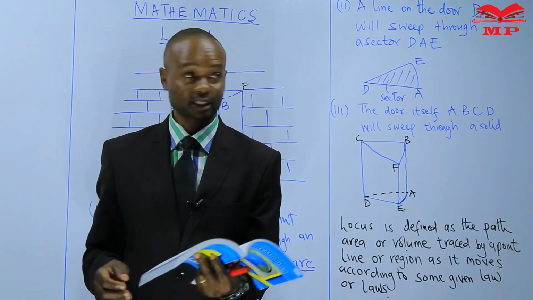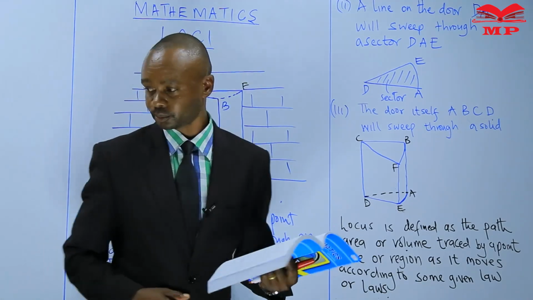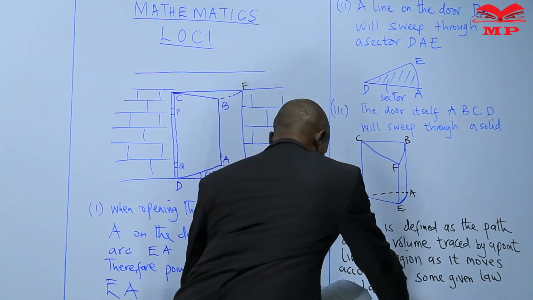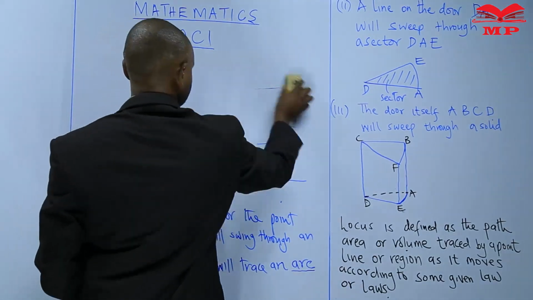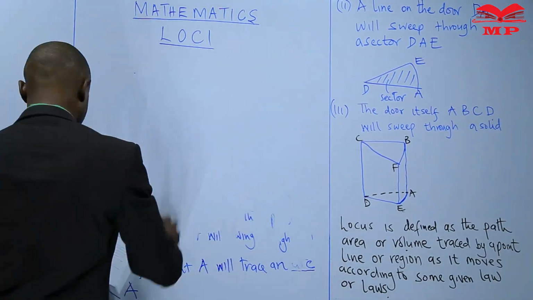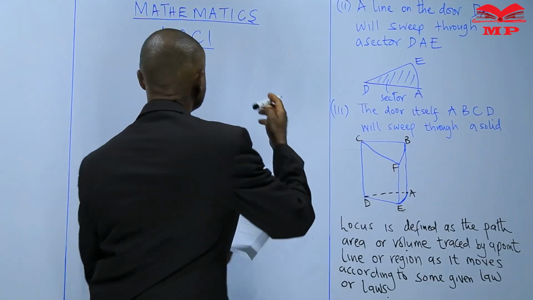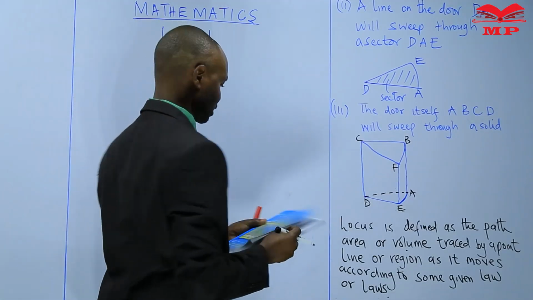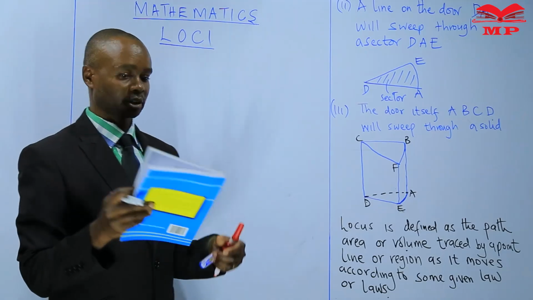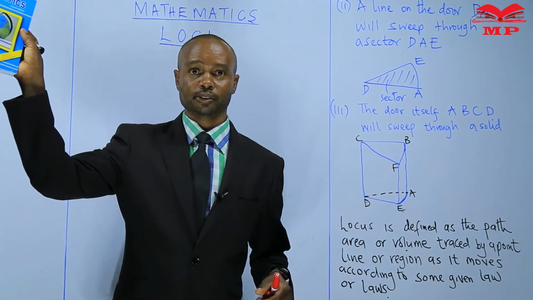So it is under exercise 3.1. It is exercise 3.1. Exercise 3.1 from the student's book 4, as seen.